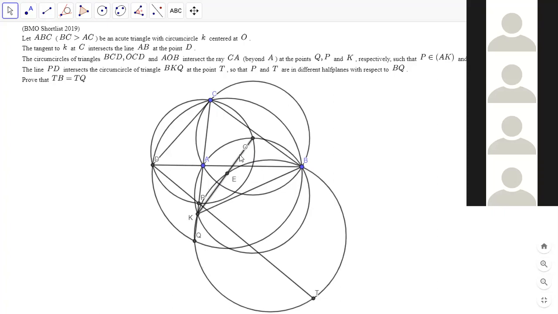Because let's say angle AKO is equal to angle ABO, right? No, sorry.